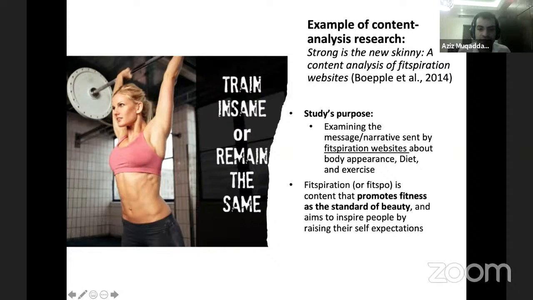Fitspiration, I'm not sure if people have heard this word or not, Fitspiration or Fitspo, is content that promotes fitness as a standard of beauty and encourages people, especially women, so it's targeted towards women, to seek fitness. It inspires people by raising their expectations of themselves to have extremely fit, muscular bodies.